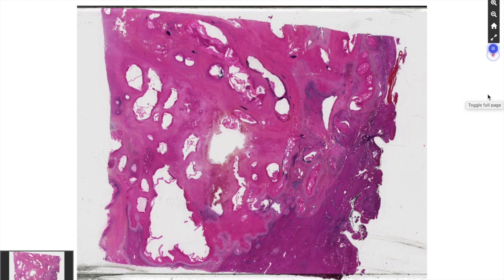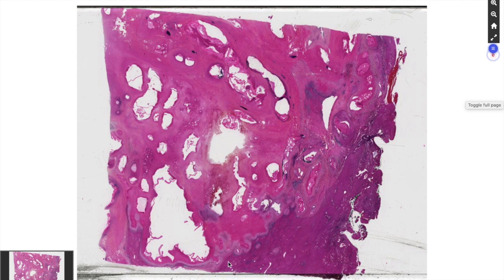You have here the slide of the surgical resection of this lesion. You have here the non-tumor liver. You can see even the ink that was put on the surgical margin. And you have here this lesion that looks eosinophilic at low magnification.